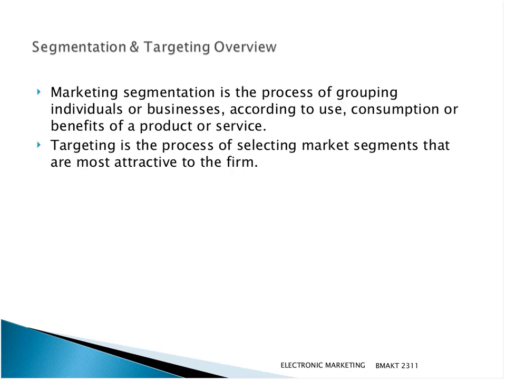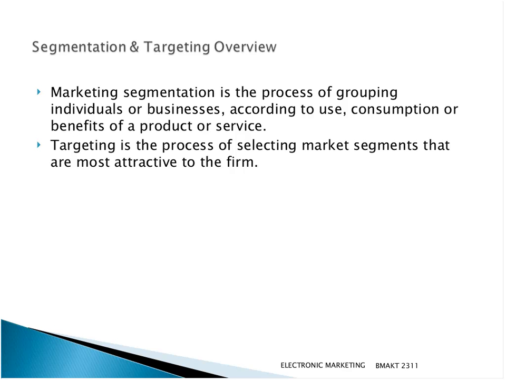Let's talk about targeting. Targeting is the process of selecting market segments that are most effective to the firm. So as I told you, after categorizing the market into different categories based on the criteria that you have, the next step will be deciding which segment is the right segment for me. For example, based on your potential and capability, you have to choose some segments out of all possible segments in the market.